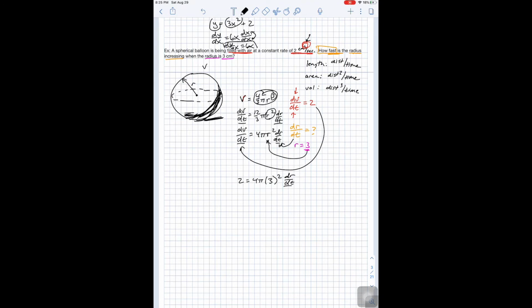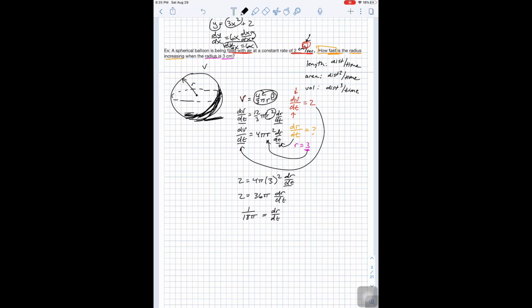So I divide by all this stuff, and I think it ends up being 6 pi equals 2, and dr/dt equals 1 over 18 pi. I don't care if you go decimals or fractions here. You can go either way.